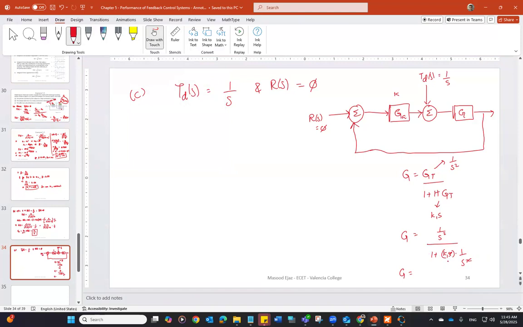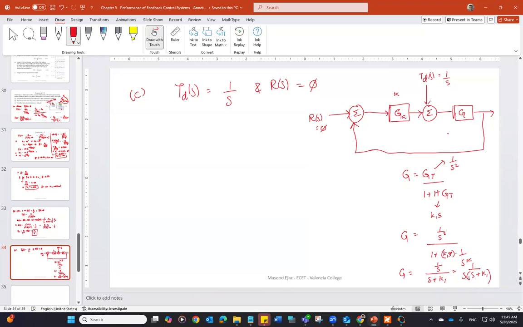So I'm going to have S plus K1, and then I'm going to cancel that. So I will have 1 over S over S plus K1, which will be 1 over S times S plus K1. So that is going to be my transfer function for G, which is GT over 1 plus H GT, GT being 1 over S squared, H being K1S.